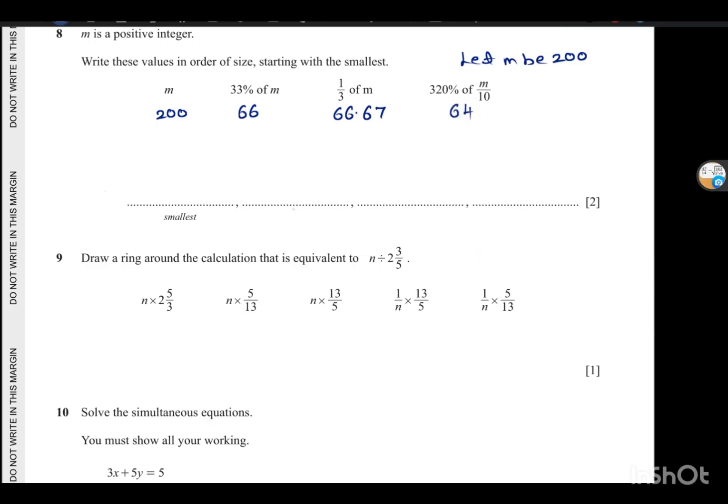So what is the smallest here? Smallest is 64. So 320% of M by 10 will come first.